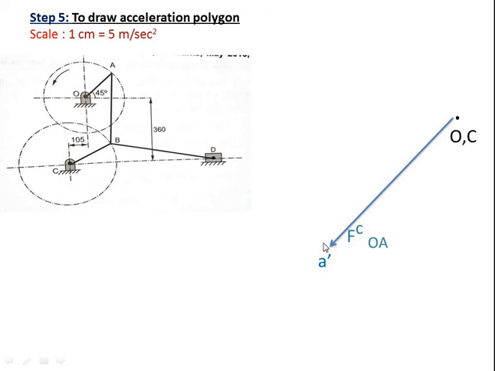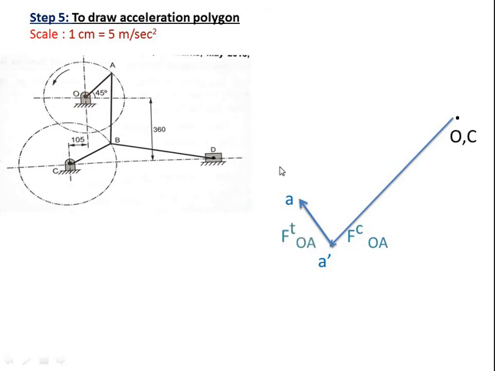So from A dash, we will draw a line or a vector which is perpendicular to OA in an upward direction, not in a downward direction. This is the direction, and the magnitude is what we have calculated in the table. Convert that value of the tangential component into the scale, and with that dimension draw the tangential component of this link OA.